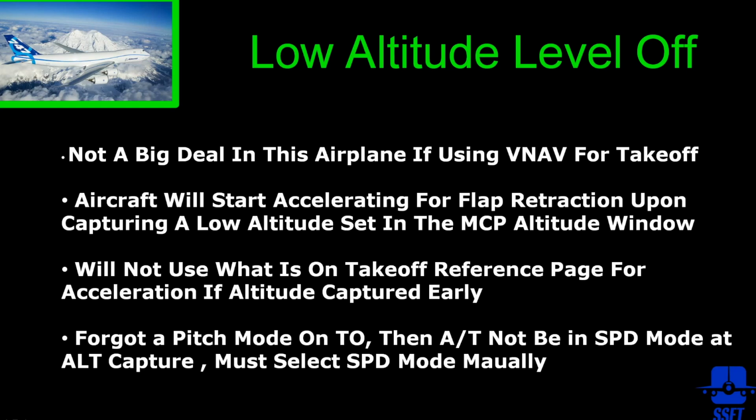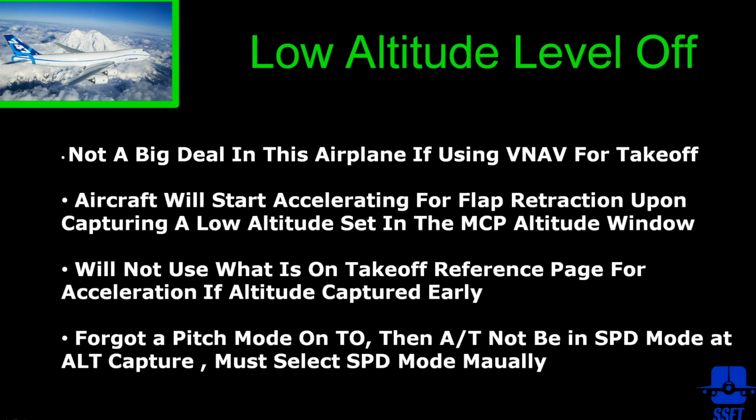So depending on your climb rate, if we were to capture prior to the 1,000 feet, let's say, then the airplane will start accelerating at that point that it captures the low altitude. It's not going to use what's on the takeoff reference page for acceleration if the altitude's captured early.